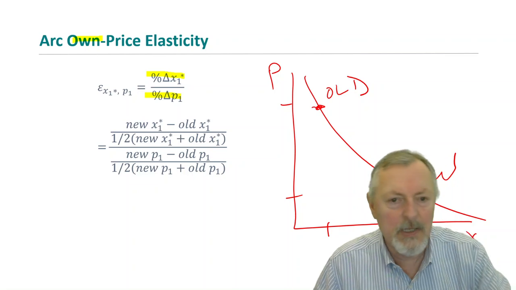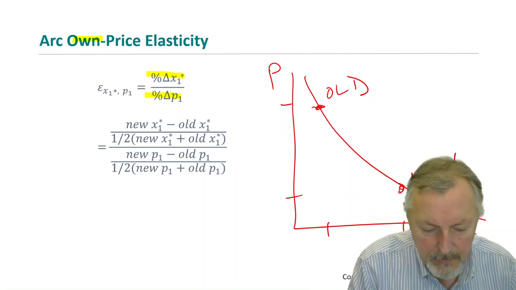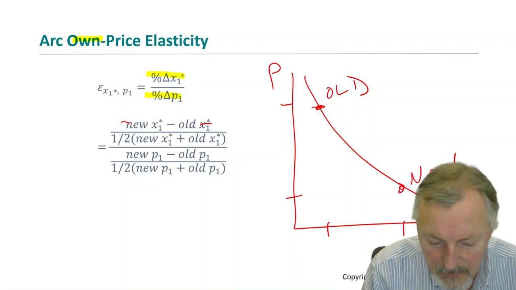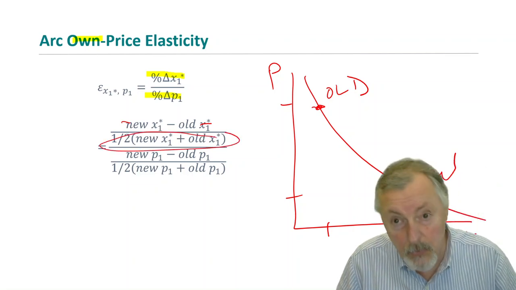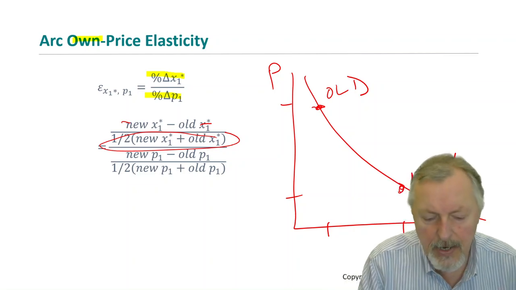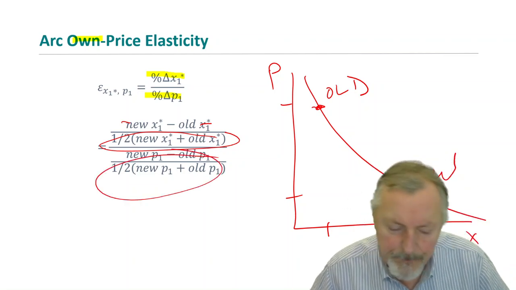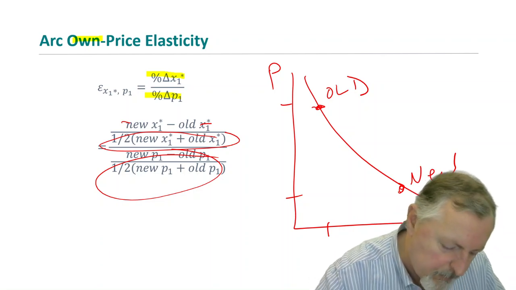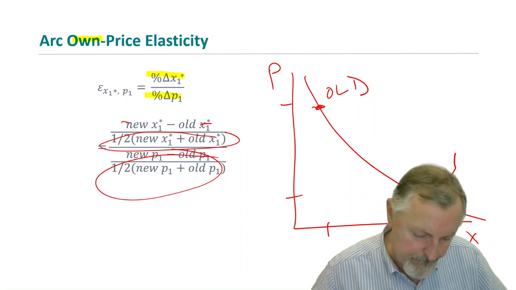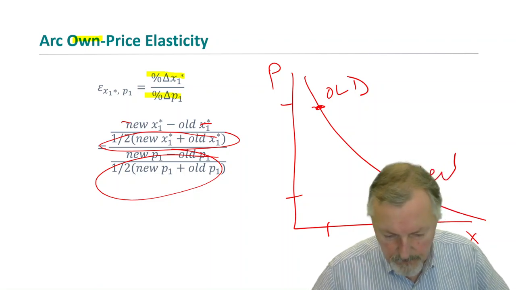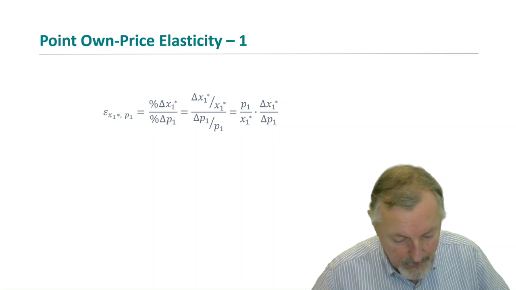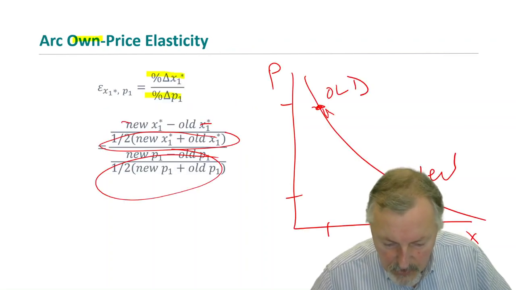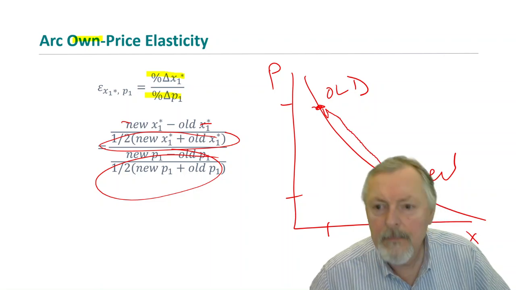Well, in this formula, the new quantity minus the old quantity, divided by the average of the two quantities, converts it into percentage terms, and you do the same thing for price. It gives you the average elasticity over this arc. Very badly drawn.